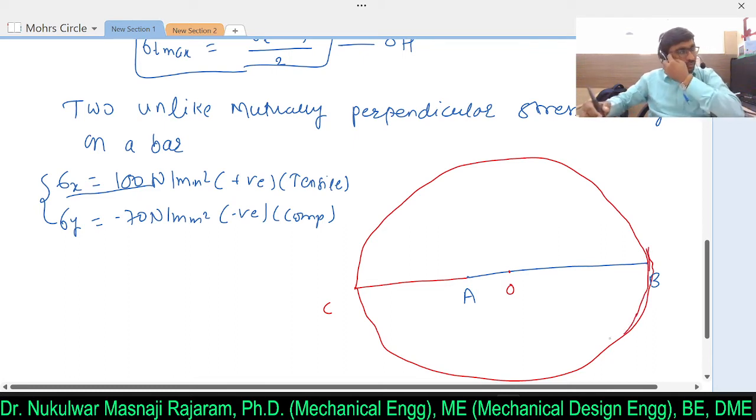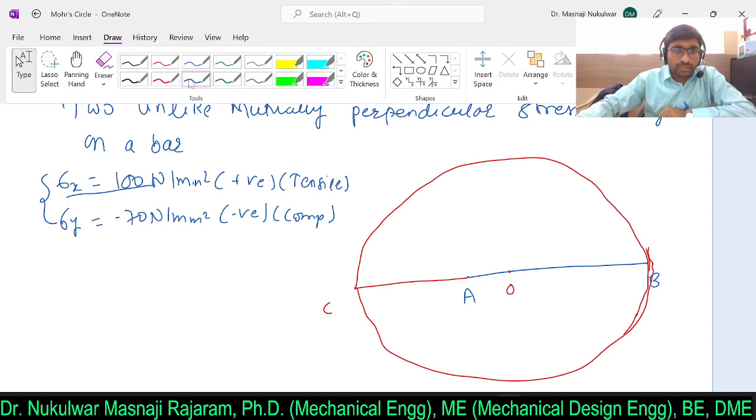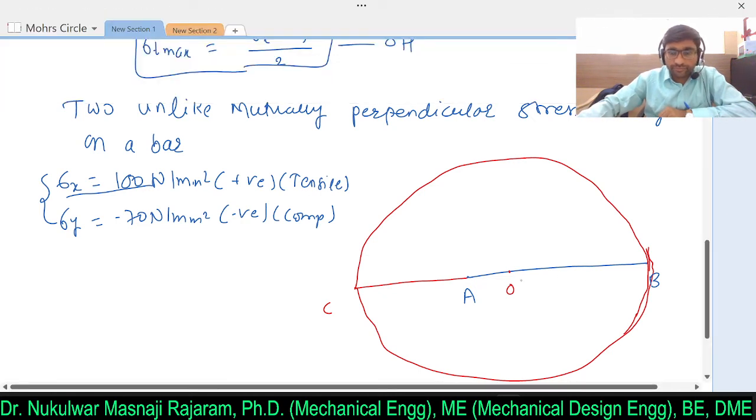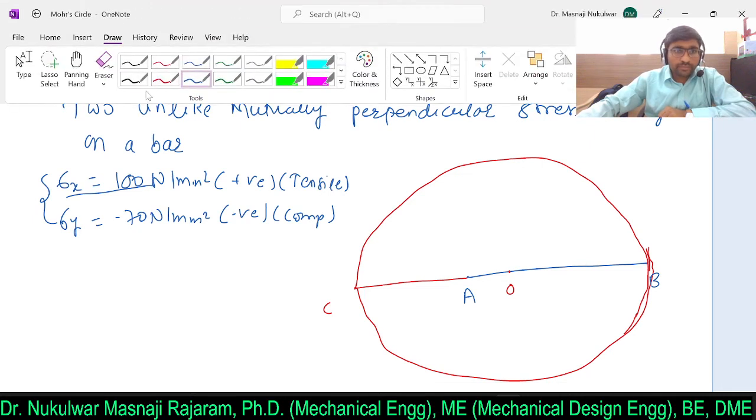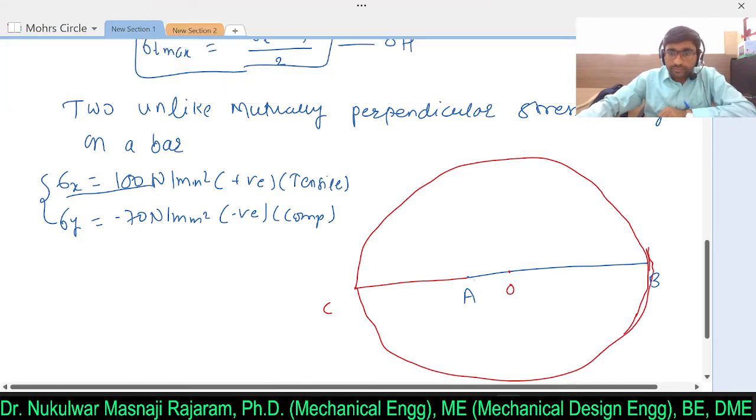So here, what is changed from the previous case? If the force acting on the bar is tensile, then take it on the positive side, and if it is compressive, then take it on the negative side, in the left direction. So with CB as a diameter, draw one circle.